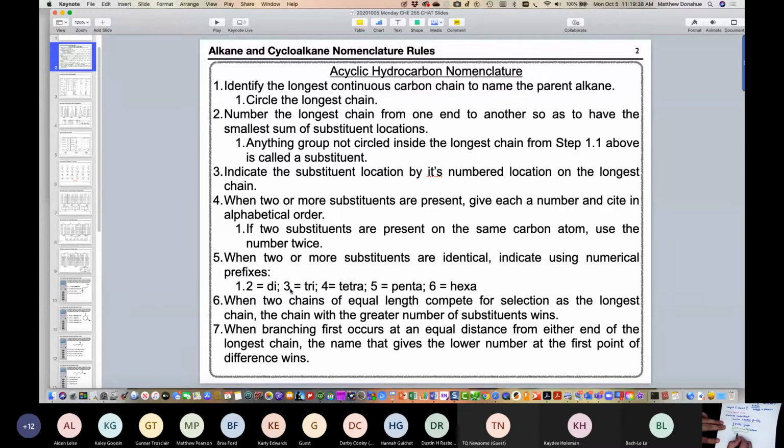Those are substituents. And this is the parent. These numbers, 2, 2, 7, are called locants. What it's telling you is the location on the longest carbon chain where these three methyl groups occur.